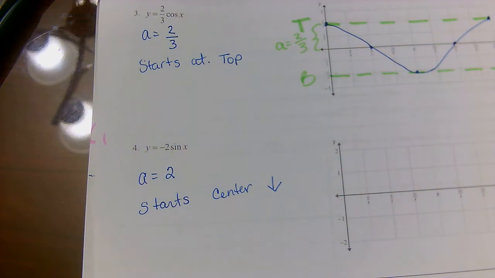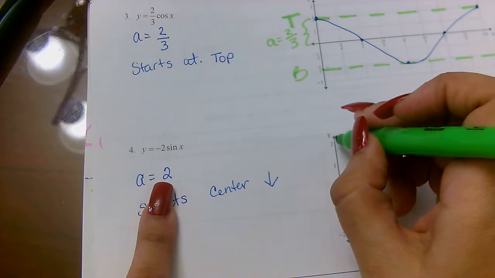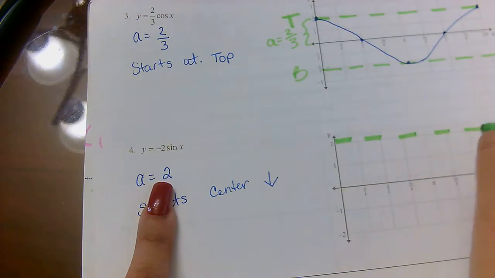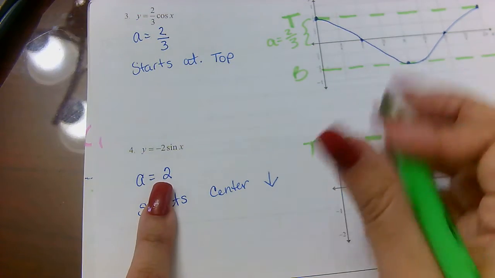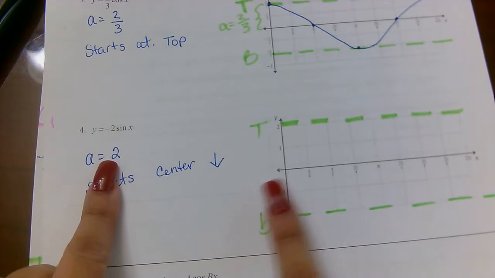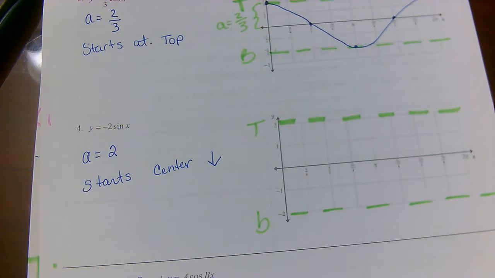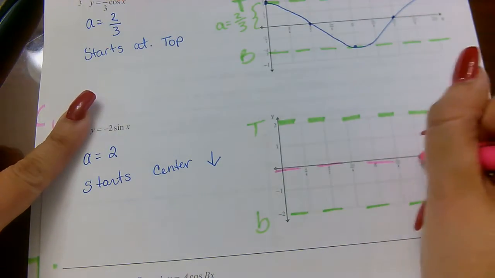Let's go ahead and use our points. Here A is 2, so I'm going to start my top going up 2. The bottom is going to be negative 2. And of course your center is going to be along the x-axis. So I'm going to go ahead and put my center here. I should have done it for the other one.